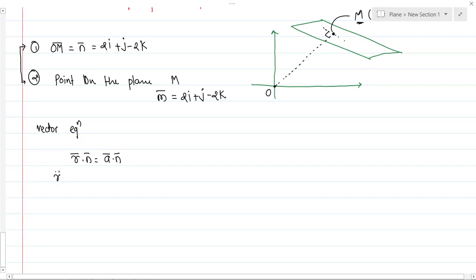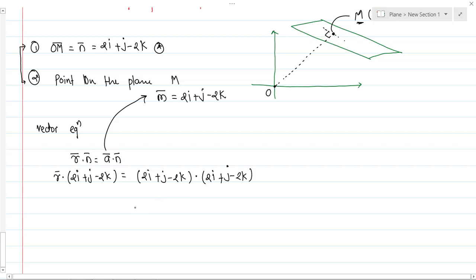Here n bar is 2i plus j minus 2k, equals a bar, the point lying on the plane, which is 2i plus j minus 2k, dot n bar, which is 2i plus j minus 2k.